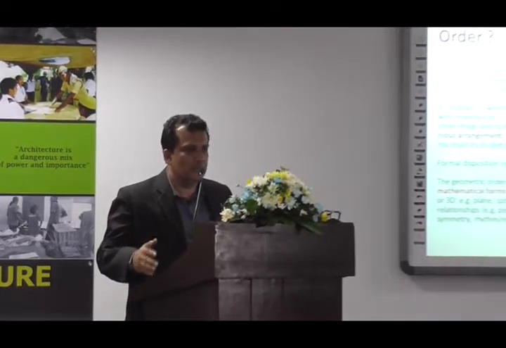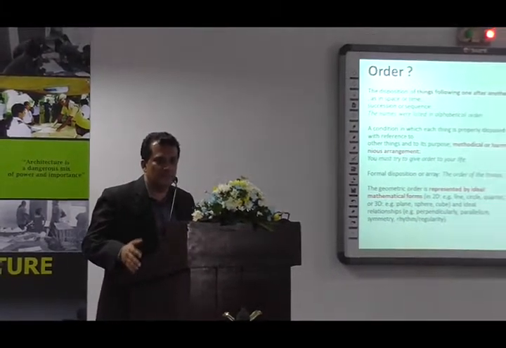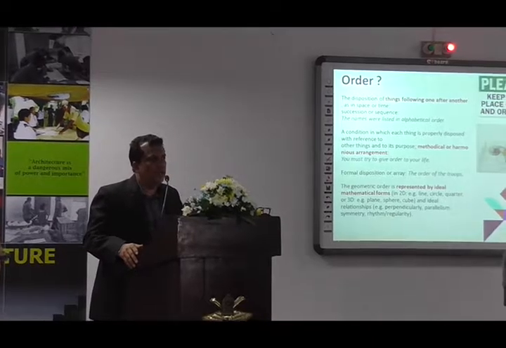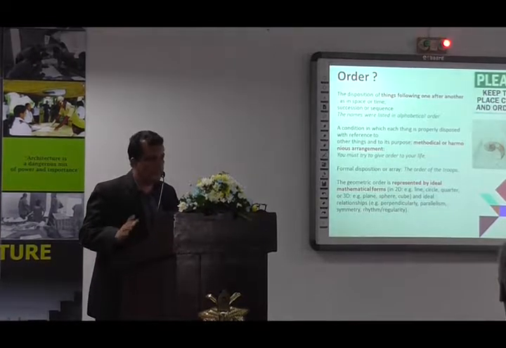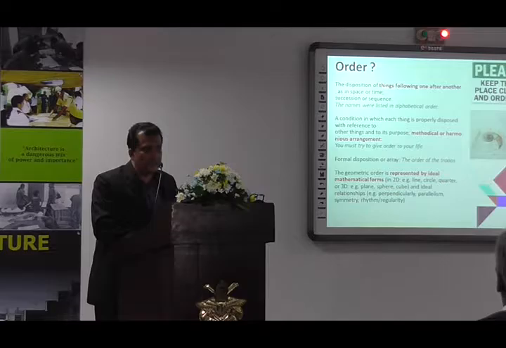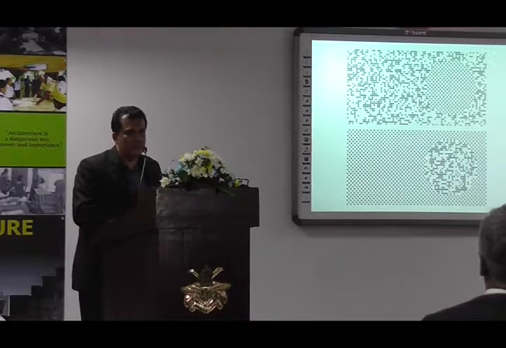Order is things following one after another, a methodical and homogeneous arrangement, represented sometimes by ideal mathematical forms like squares, rectangles, triangles. These are very ordered forms that have a very clear shape and a clear understanding of what they are about, that through our experience we know.